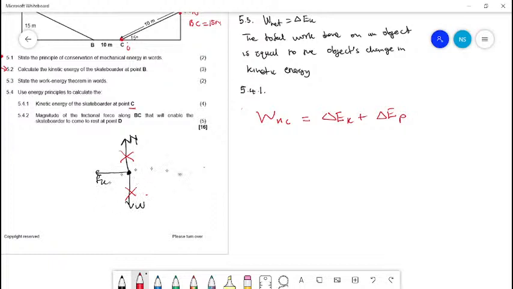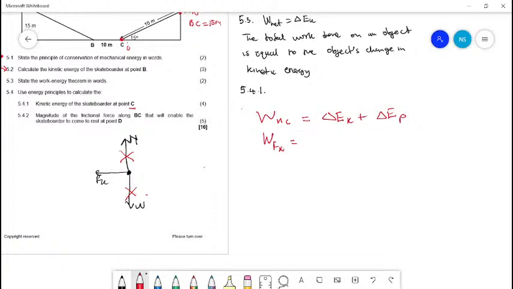So this means that WNC will be given by W f of k, because f of k is the only non-conservative force doing work. So W f of k will be equal to the change in EK.